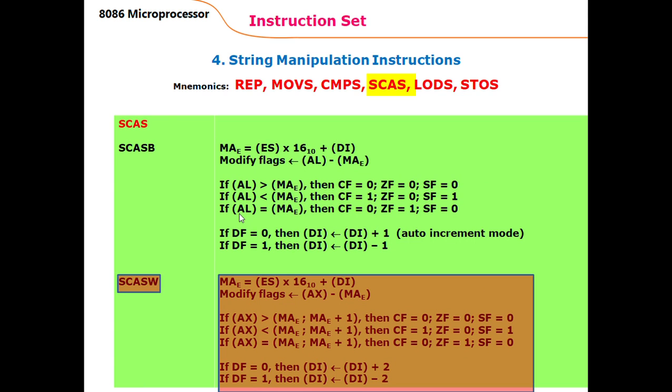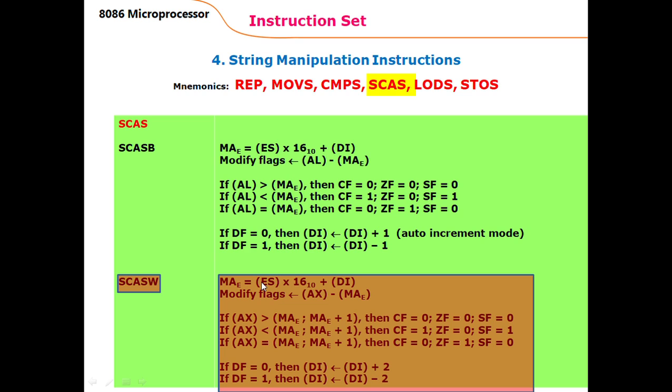In the other variation, the other form of the scan string instruction, it is operating on a word, which is 16 bits or 2 bytes. In this case, in the same way, the physical address, which is MAE, of the extra segment is calculated as it was calculated before.